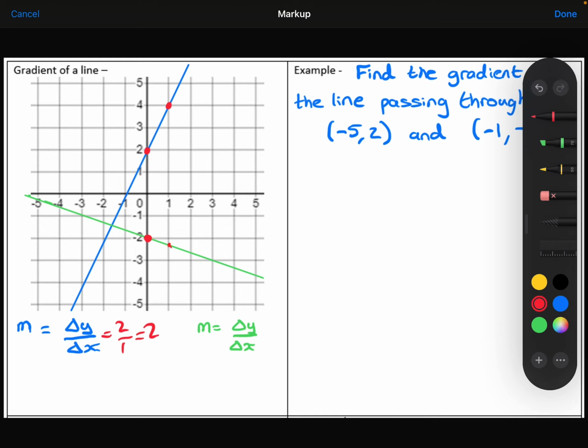I can't read these off very nicely, they're not on the grid. This one here I can. So when I go across, the change in the x here is 3. The change in the y is -1. It's gone down 1 square. So therefore, the gradient of the green line, the change in the y was -1. The change in the x is 3. So the gradient of the green line is -1/3.